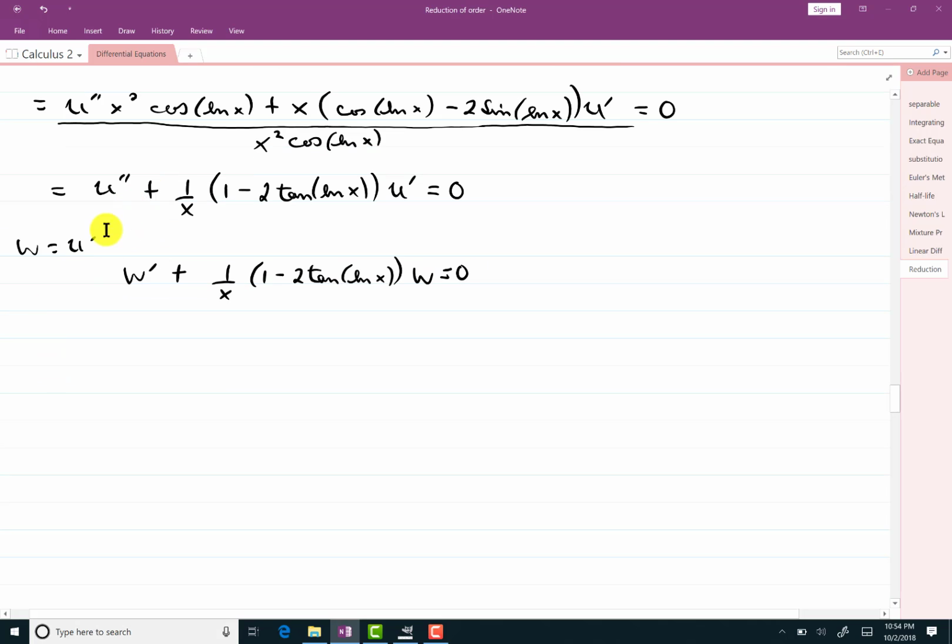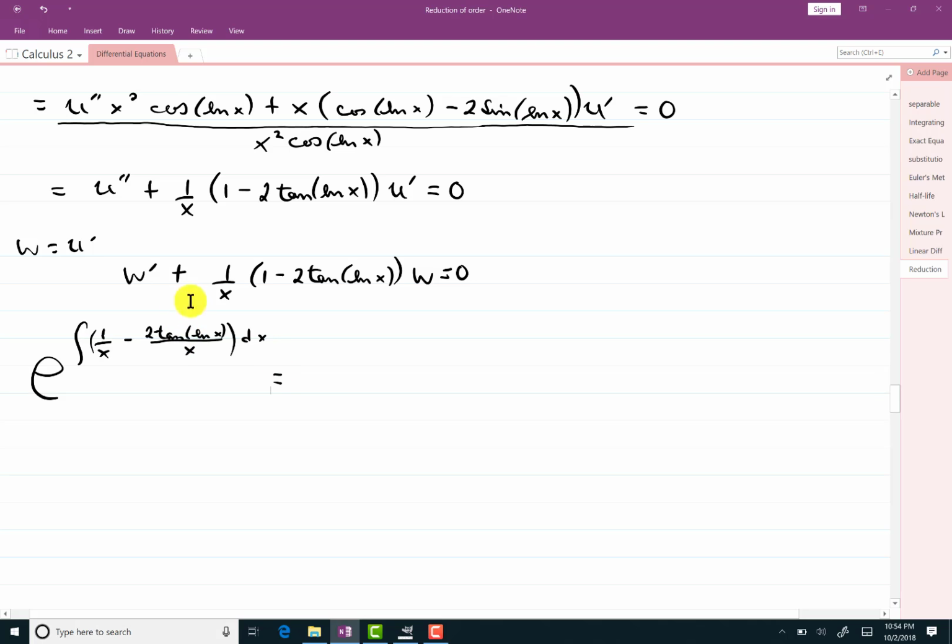Now you can see the integrating factor is this stuff that's in front of the w. So I'll make myself a big E and a big integral to handle it all. I'll have 1 over x minus 2 tangent of ln of x over x, and all of that stuff dx.